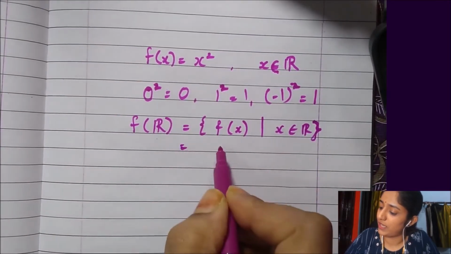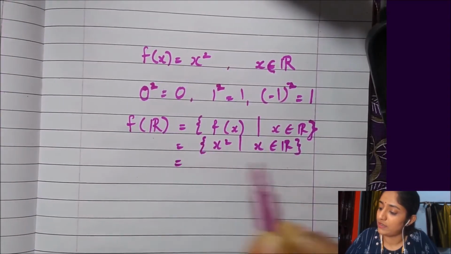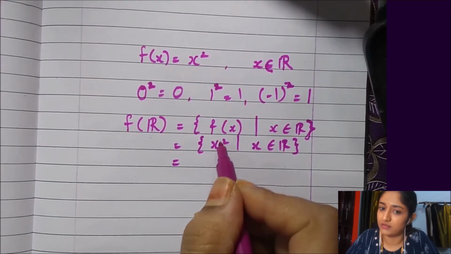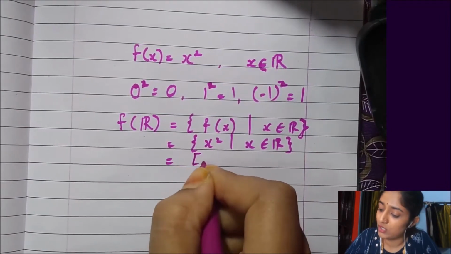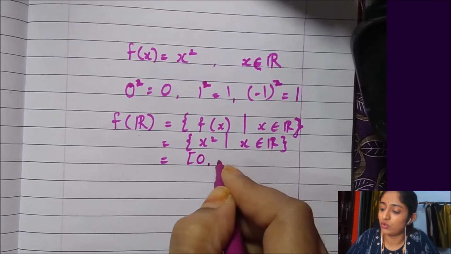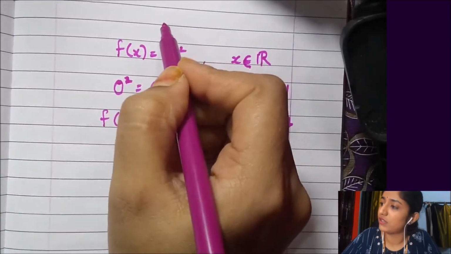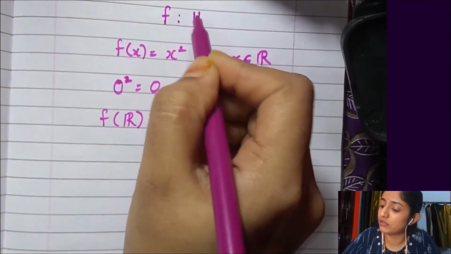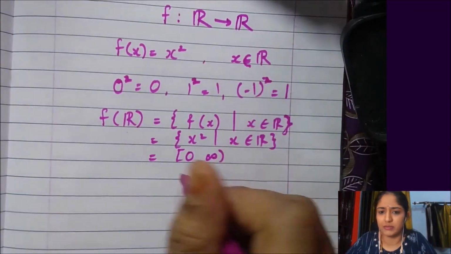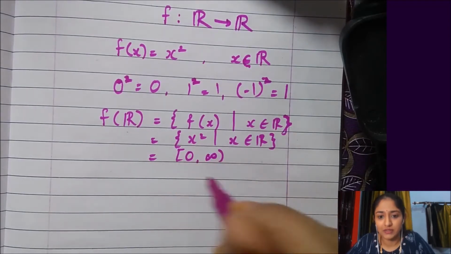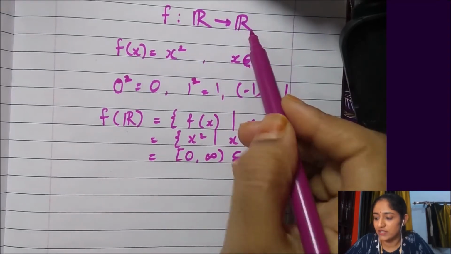So this means it will be x square such that x is a real number, and all the real numbers with their squares, this will be the set containing 0. So nothing on the negative side to this. So this is the range. Okay, so f can be a function from R to R because its codomain is also real numbers. These are not all real numbers, but these are essentially real numbers, and this is a subset of R. So codomain was this, and this is the range.